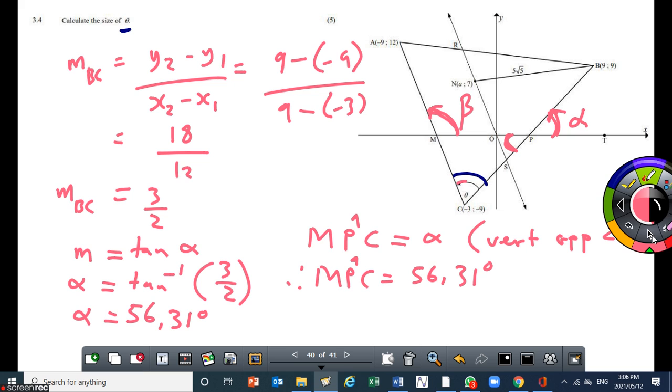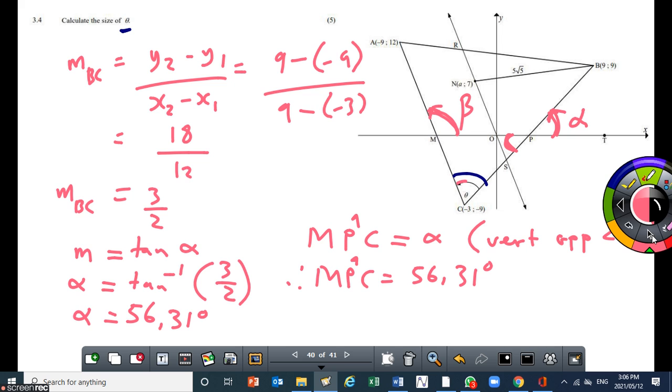Beta is going to be equal to this angle plus that angle because beta is the exterior angle of triangle MCP. Remember last in grade 8 we did the exterior angle of the triangle?